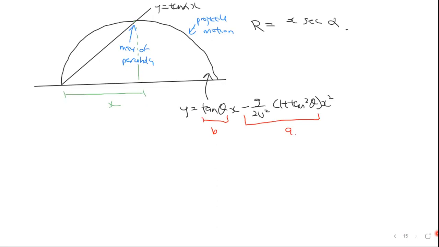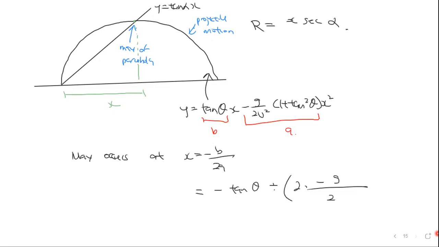So that means the maximum occurs from your year 10 work at x equals negative b over 2a, which is just, well, negative tan theta, all divided by 2 times a, which is negative g over 2v squared, 1 plus tan squared theta, which is negative tan theta divided by negative g over v squared, 1 plus tan squared theta.